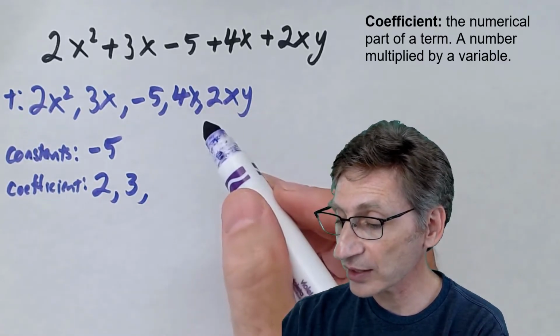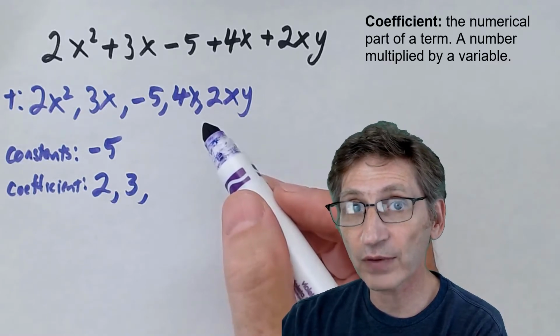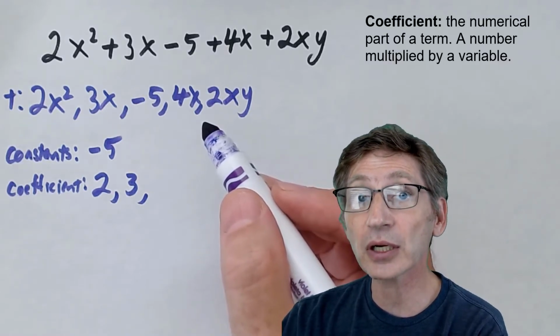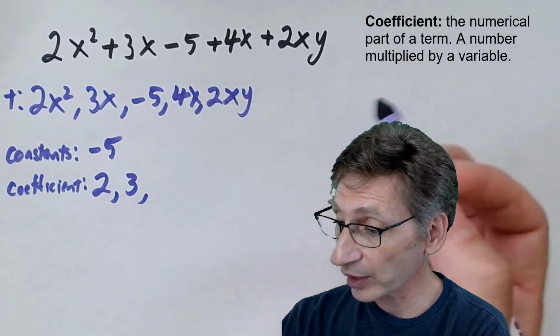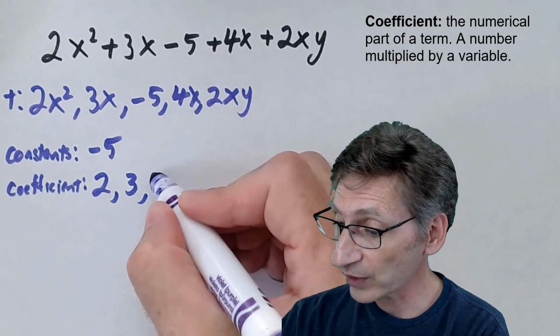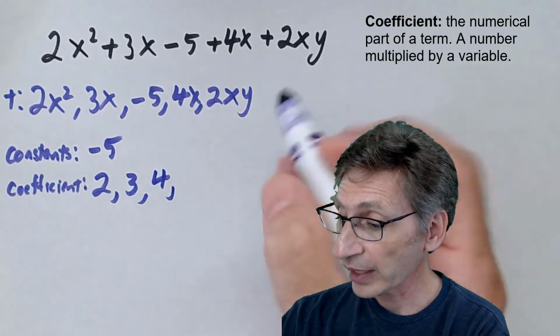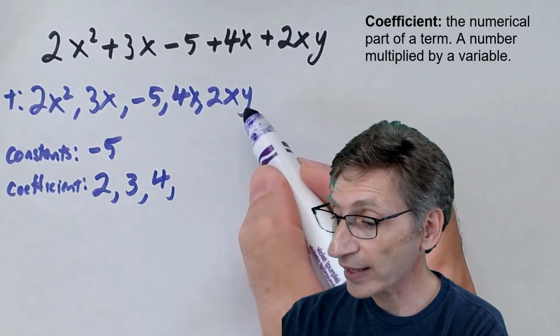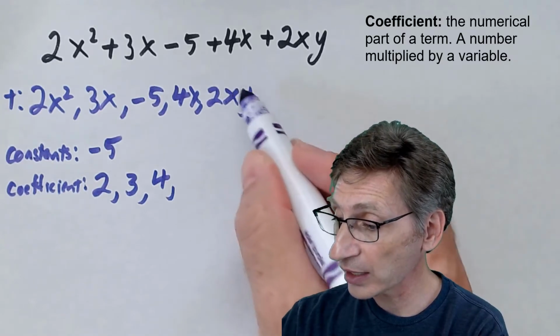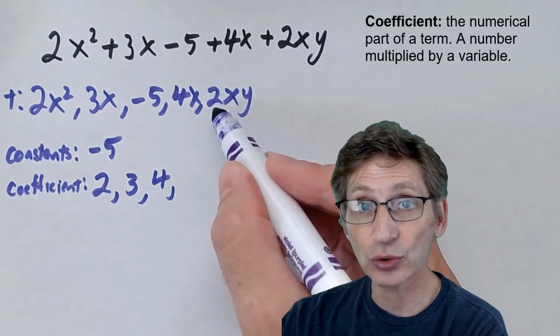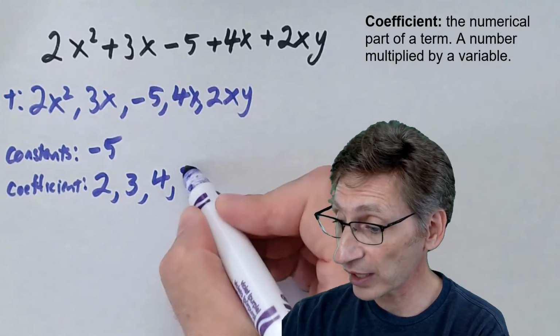Negative 5 is a constant. Constants don't have coefficients. Coefficients only occur in a term with a variable. The next term with a variable is 4x, so the coefficient is 4. And then the last term, 2xy, this variable part, xy, is being multiplied by 2. 2 is the coefficient there.